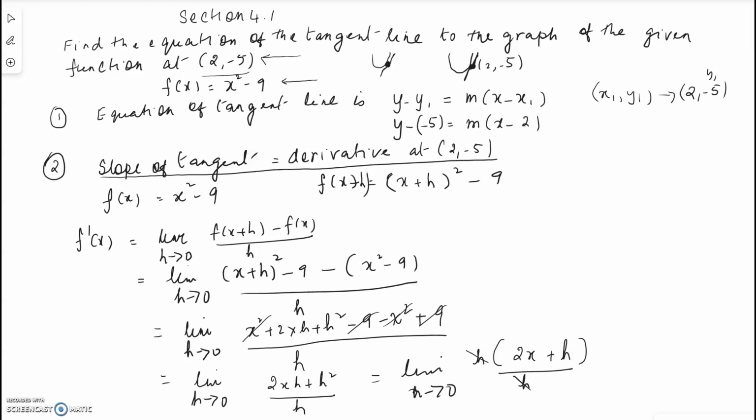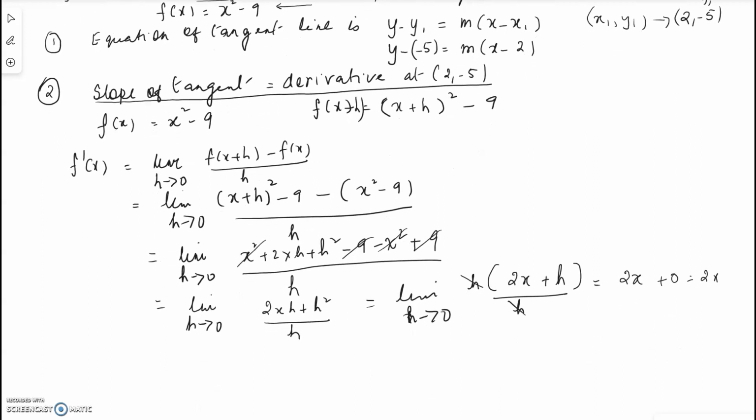Remember, h is the one that's causing the 0 in the numerator and the denominator. That's equal to 2x plus 0, and that's equal to 2x. So this 2x is the derivative of the function x squared minus 9 at any x.